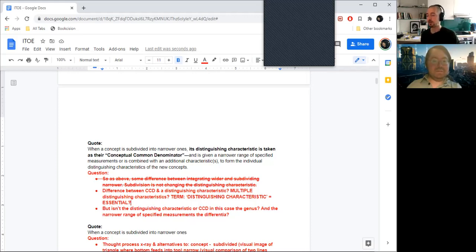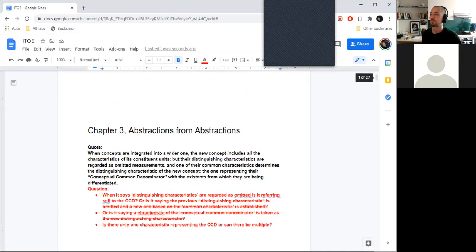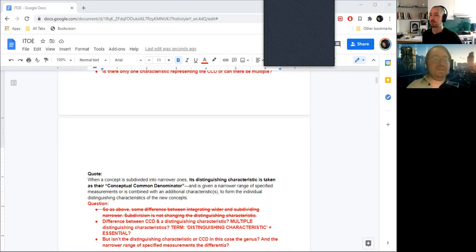Okay. And so that's what it means by a narrower range. Pomeranians might be, say, between, I don't know, 5 and 10 pounds, and I'm just making that up.